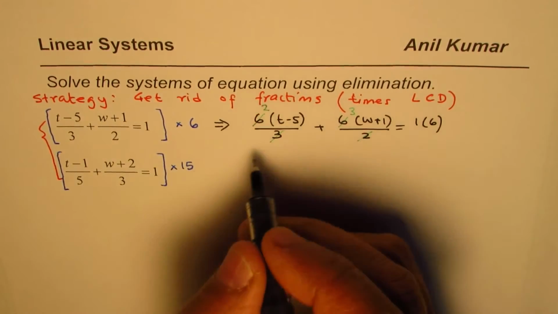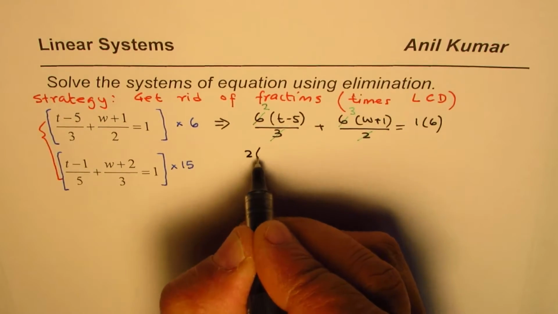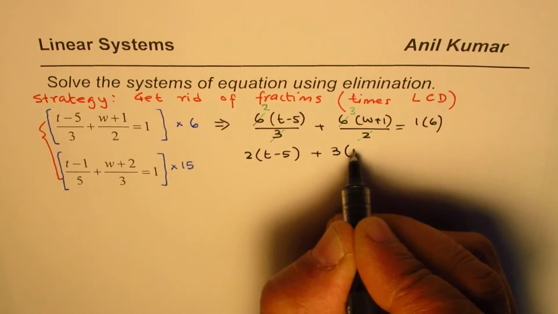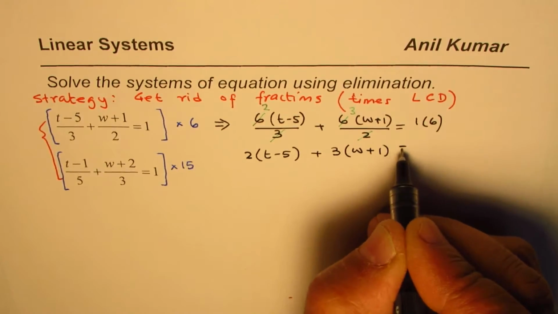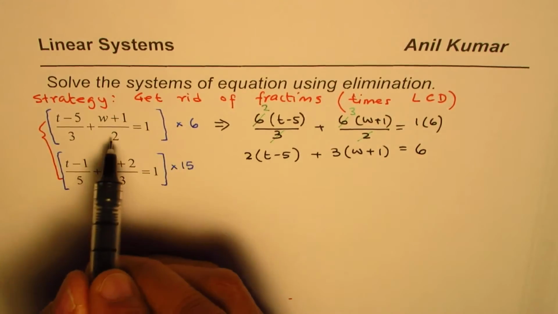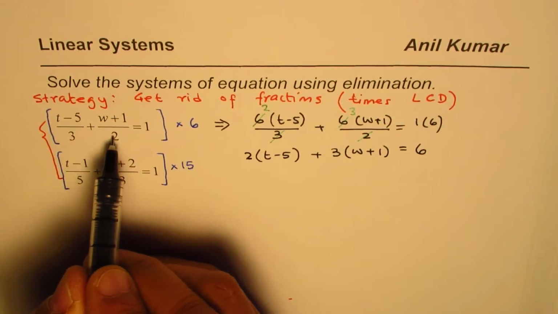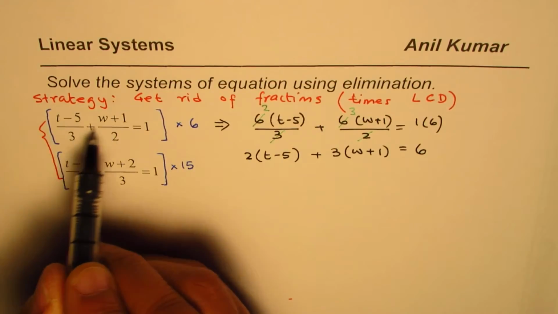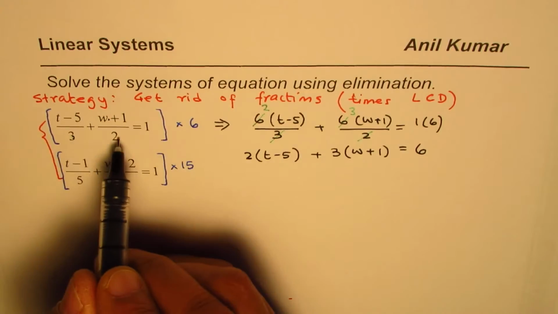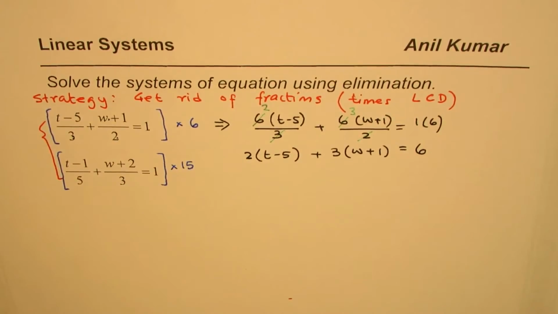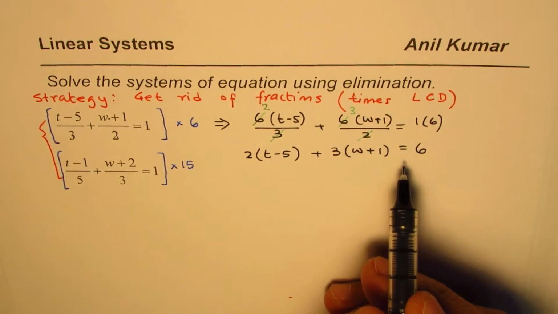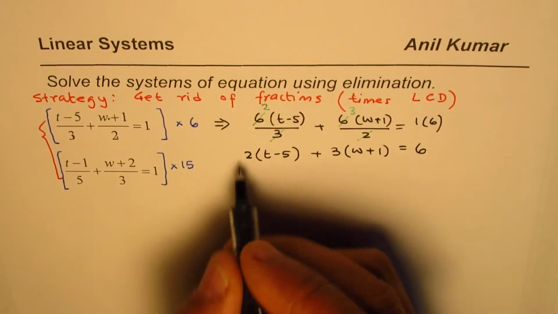So effectively, you could write this as 2 times (t minus 5) plus 3 times (w plus 1) equals 6. Sometimes we also call this technique cross multiplication. You're multiplying t minus 5 by 2, w plus 1 by 3, and 1 by the lowest common denominator 6. Now in this equation, we do not have fractions. That's the beauty.